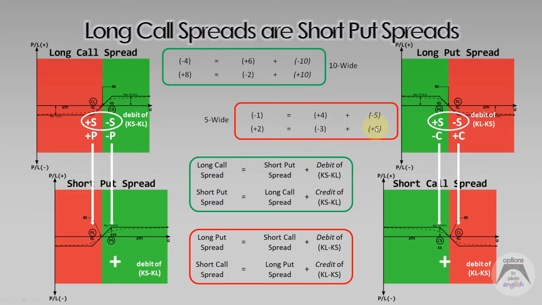Okay, the formula says that between these two, the difference is the credit of KL minus KS, so the distance between strikes. So what this means is that buying something for 3 that can go to 5 is the same as selling something for 2 that could go to 0.